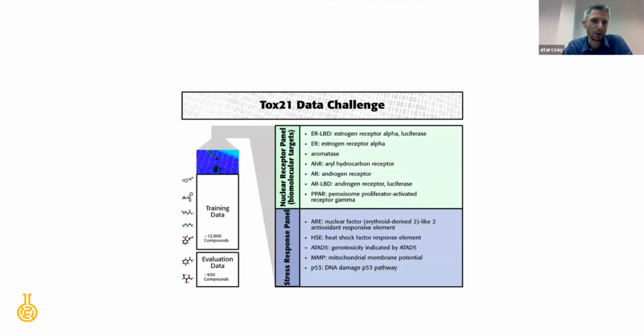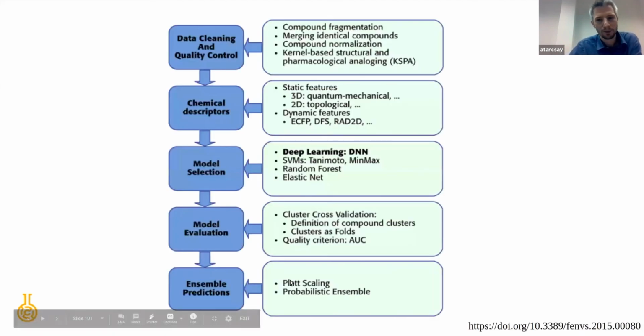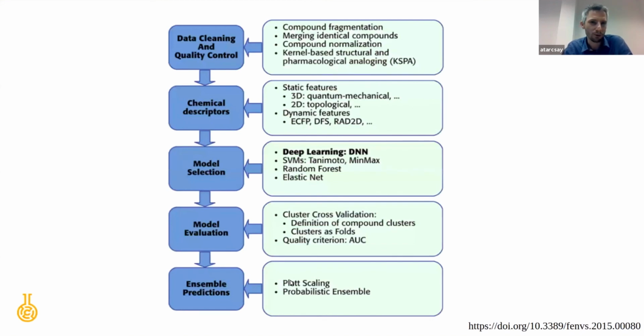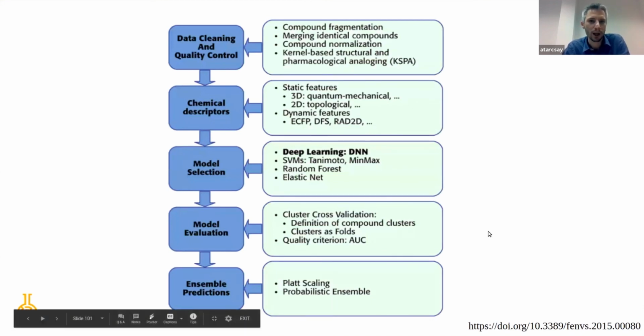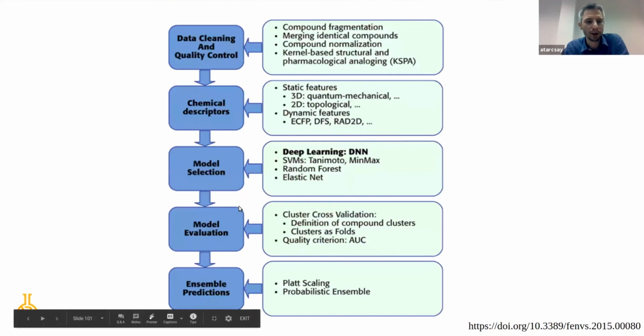And there was a challenge, this TOX21 challenge, where a large number of structures were offered for prediction, and 650 compounds were added as a test set. And the group from Linz won this competition, and they applied deep learning, neural network, support vector machine, random forest, and also elastic nets. This is the prototypical cascade of virtual screening.